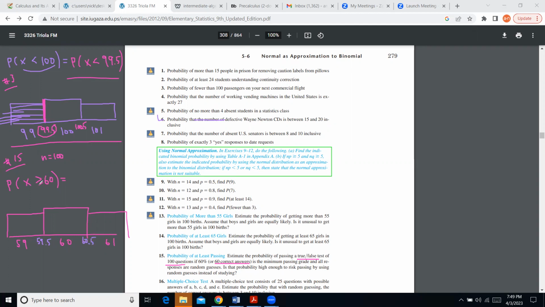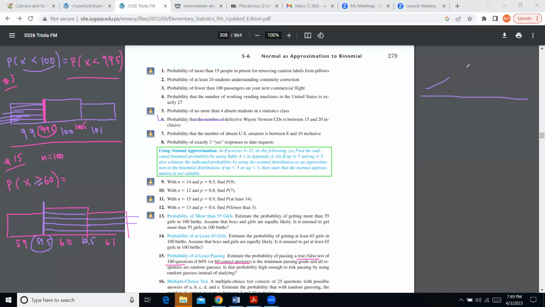But now we need to make a picture so that the equal sign is here, including 60 and greater. So we're going to the right. It looks like the border value is right here. It is 59.5.